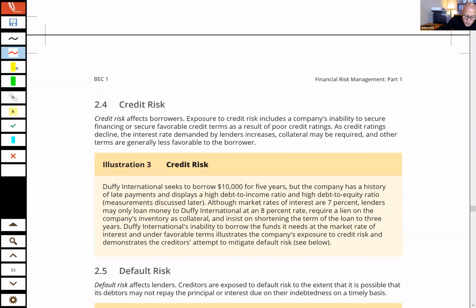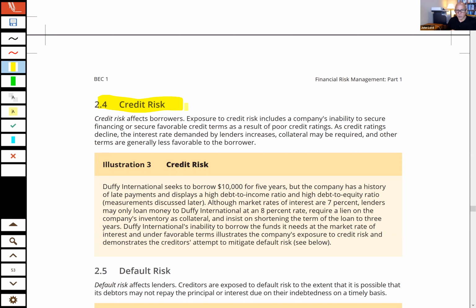Let's take a look at credit risk. And with credit risk, you can think of maybe your own situation. Maybe you're going for a loan for a home or a car or something like that. And if your credit is good, you can expect a little lower interest rate.